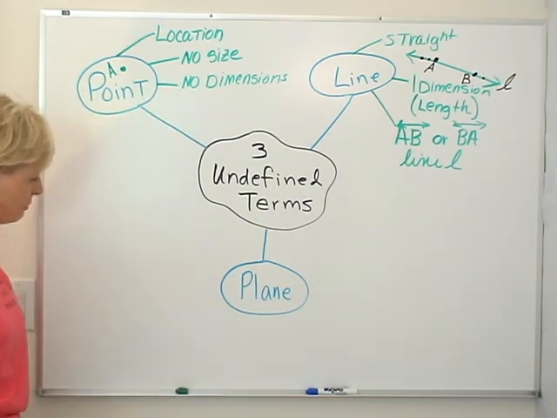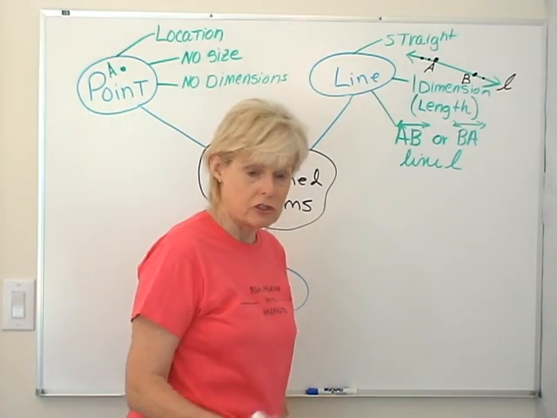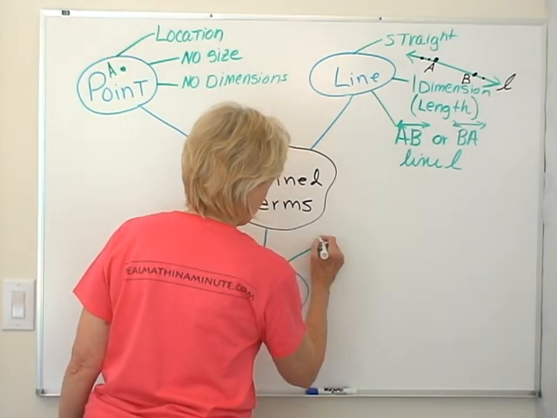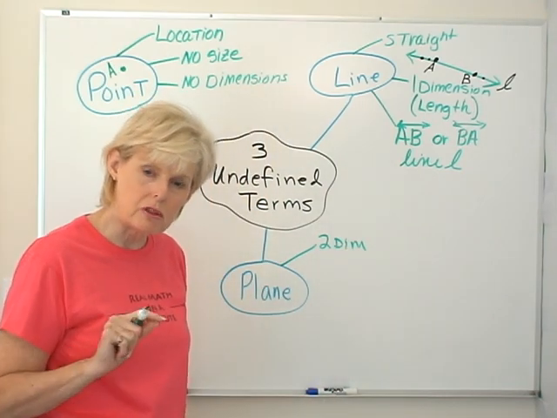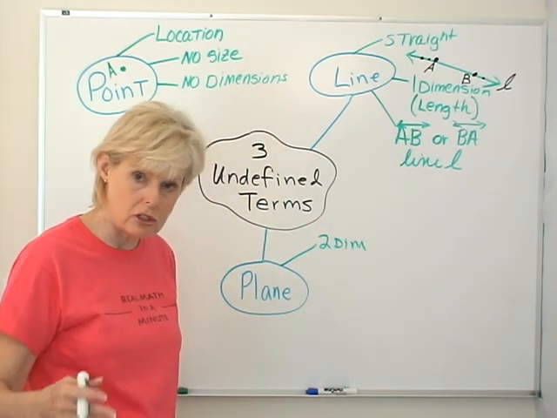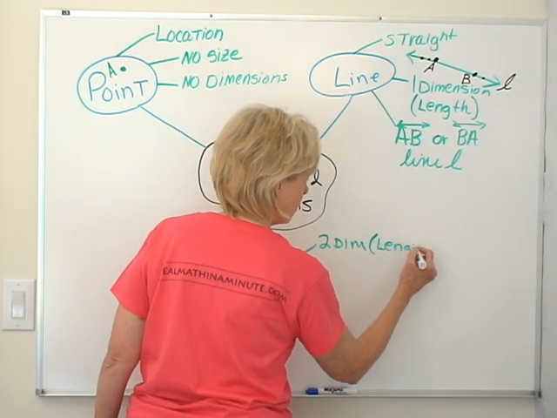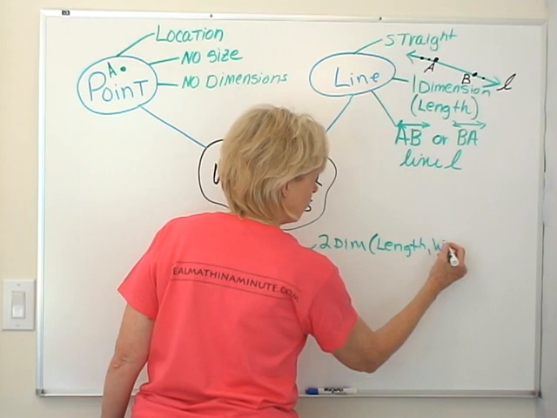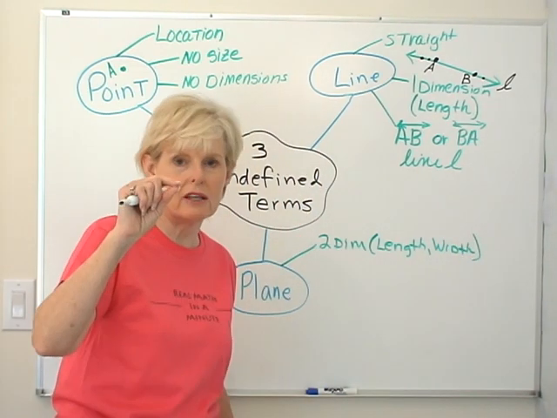Our next one, let's talk about a plane. A plane has two dimensions. It has the dimension of length and it has the dimension of width. So it has two dimensions. It has length and it has width. But a plane has no depth.